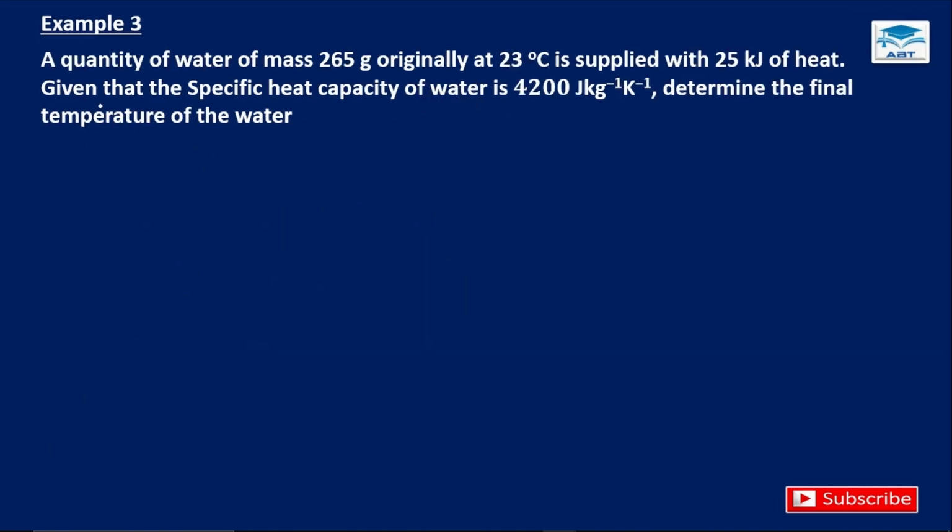Example 3. A quantity of water of mass 265 grams, originally at 23 degrees Celsius, is supplied with 25 kilojoules of heat. Given that the specific heat capacity of water is 4,200 joules per kilogram per Kelvin, determine the final temperature of the water. The quantity of heat is given by mass times specific heat capacity times the change in temperature.